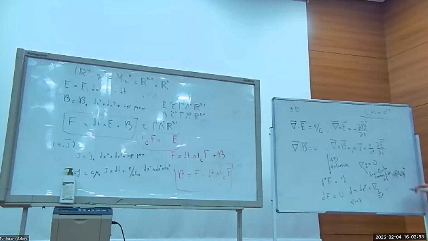And also, there is a co-derivative. It is defined with respect to the Hodge star, the inverse Hodge star, Cartan's exterior derivative, and Hodge star. And there is a map. This is an involutive automorphism of the 4-dimensional manifold R4.